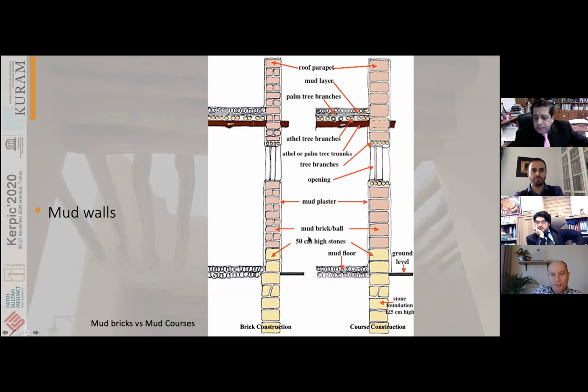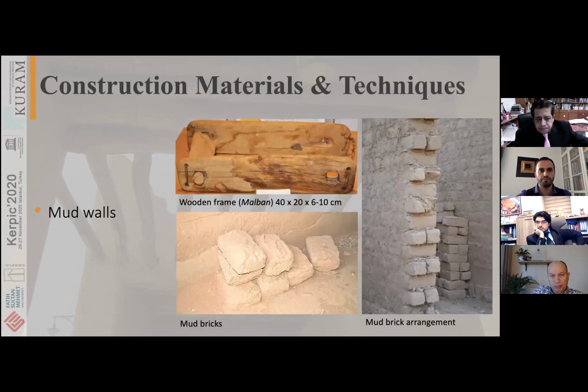It's almost the same, except the shape and the methodology of forming the mud and drying it out, and also constructing the walls. Again, this wood frame, it's called a mold, 40 by 20 by 6 to 10 centimeters. After being formed and dried, it's stored for a while, then is used.